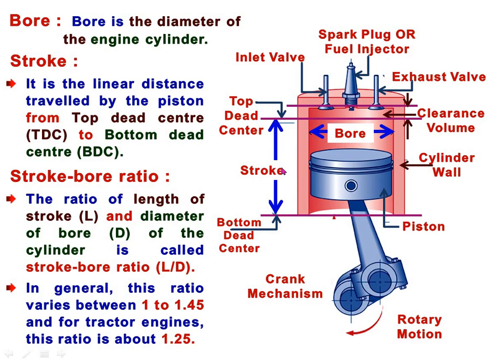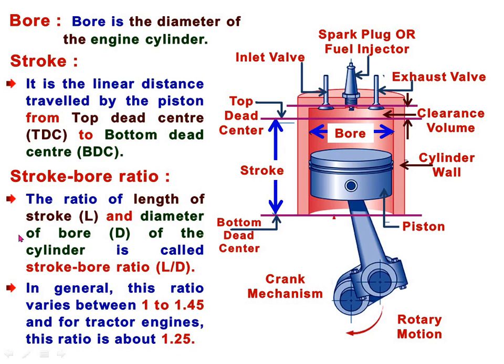So length of stroke may be determined as the distance between top dead center and the bottom dead center. Now next, stroke bore ratio, meaning length of the stroke to the diameter of the bore.